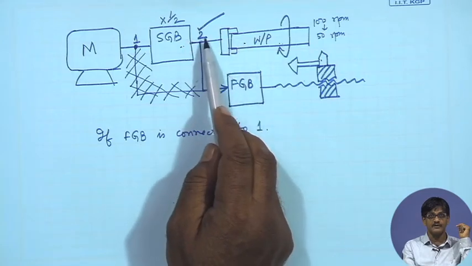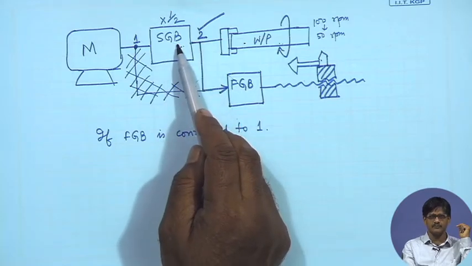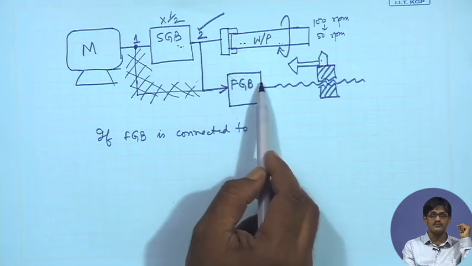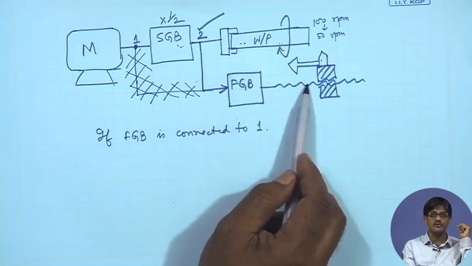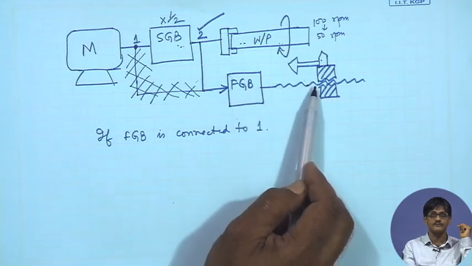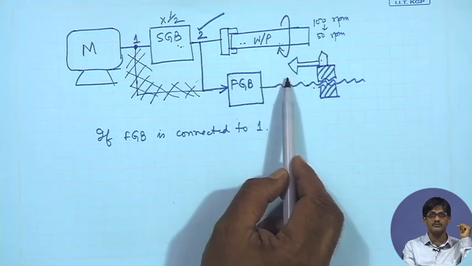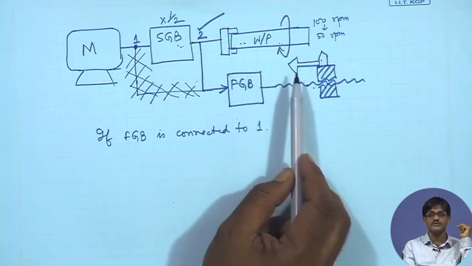That is why we have taken the power tapping here. Change the speed now, this will become faster or slower, and this will also become correspondingly, proportionally faster or slower. So, there will be no change in the relational movement which defines pitch.